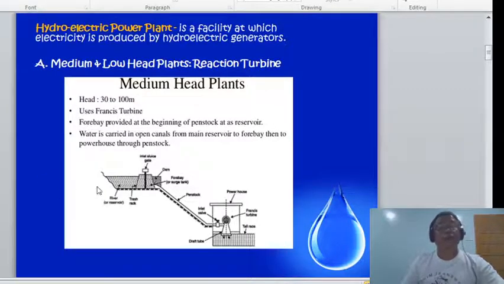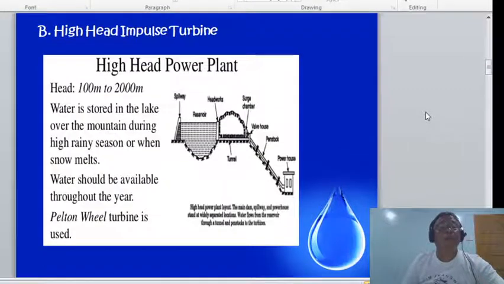Here is the illustration of the medium head plants. Another is the high head plants. The turbine used for high head plants is the impulse turbine, and the head is from 100 meters to 2,000 meters.